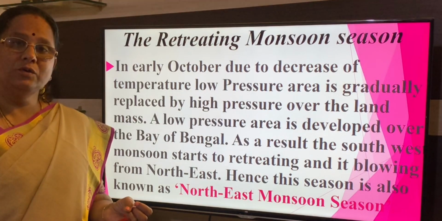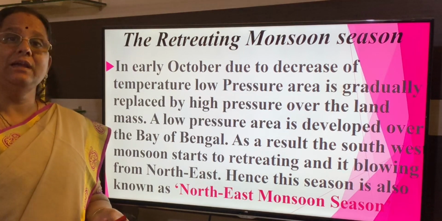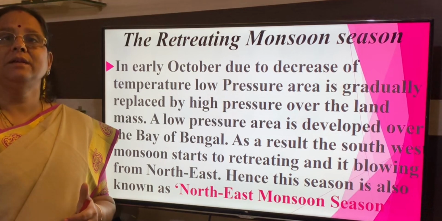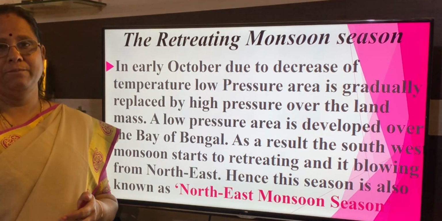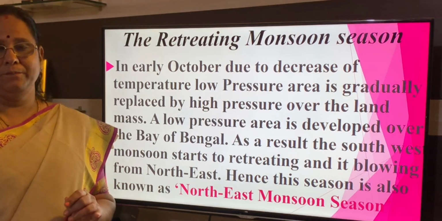We will see dew and fog, and in the mountain region we will see heavy snowfall. These are the things we learned in the winter season. And we receive 2% of rainfall.